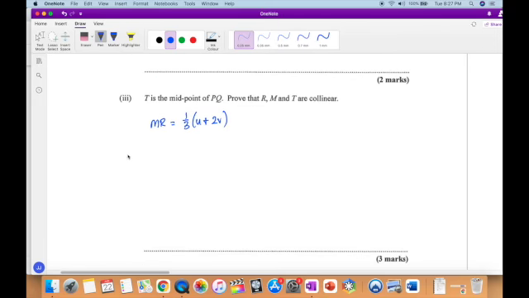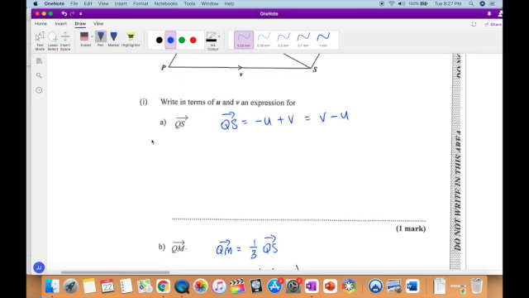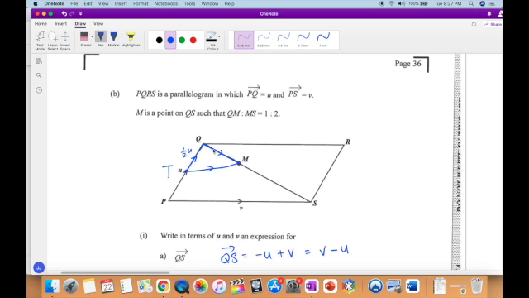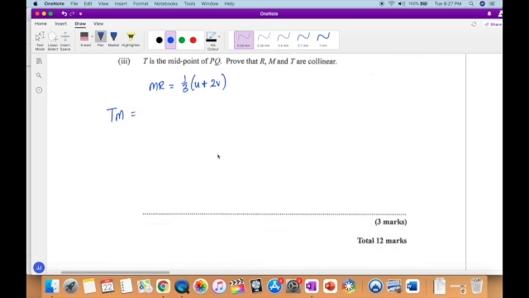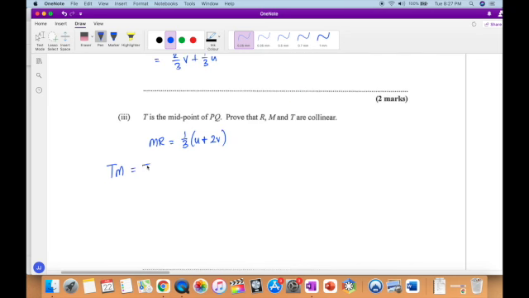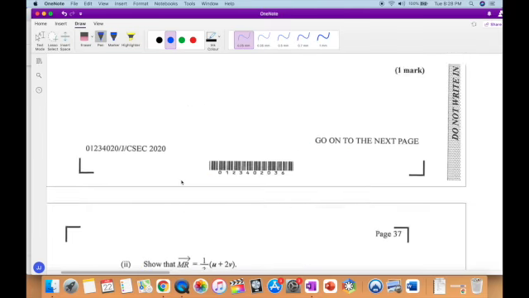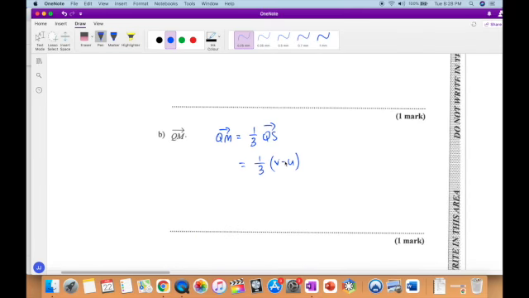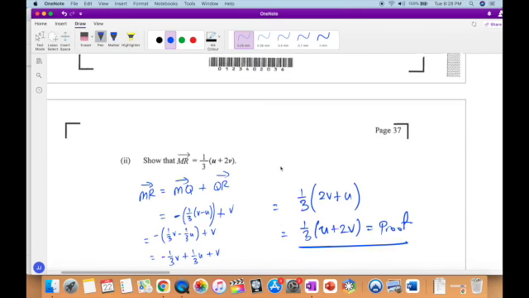Alright, so let's find TM, and in order to find TM, what did we say? We said it was TQ plus QM. TQ was 1/2 u because T is the midpoint, plus QM, which we already found up here to be 1/3 v minus u.